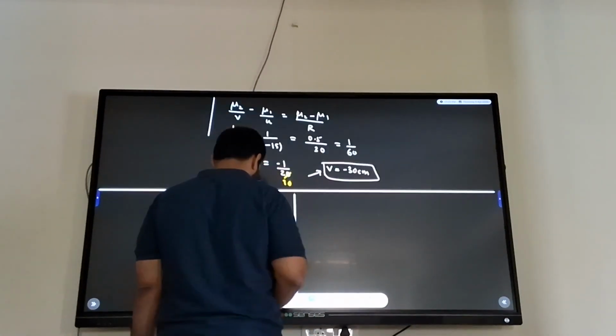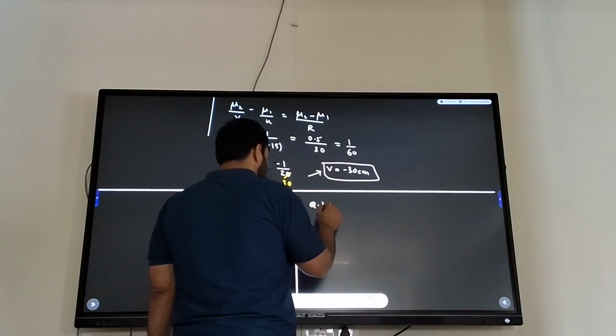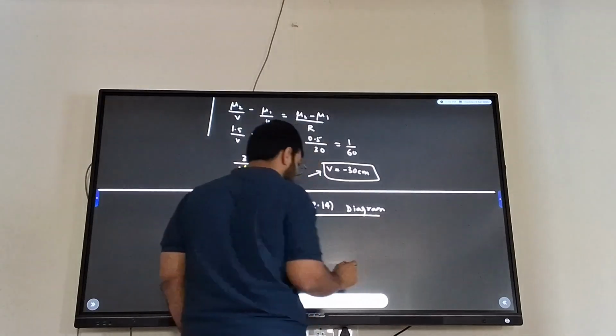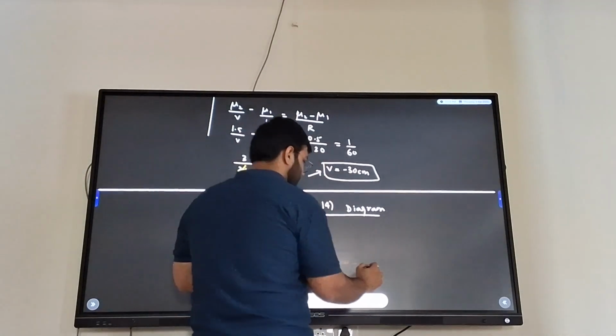Question 14 diagram I am making here for people who want it. 14 का diagram is something like this.